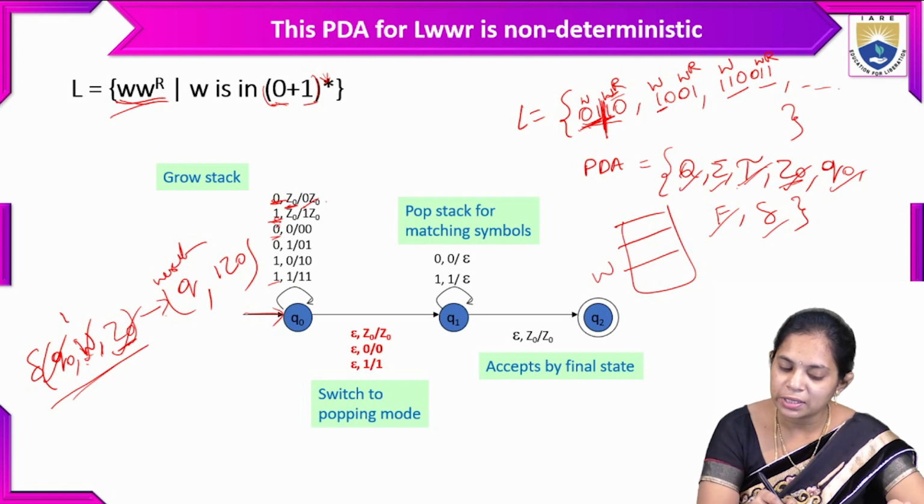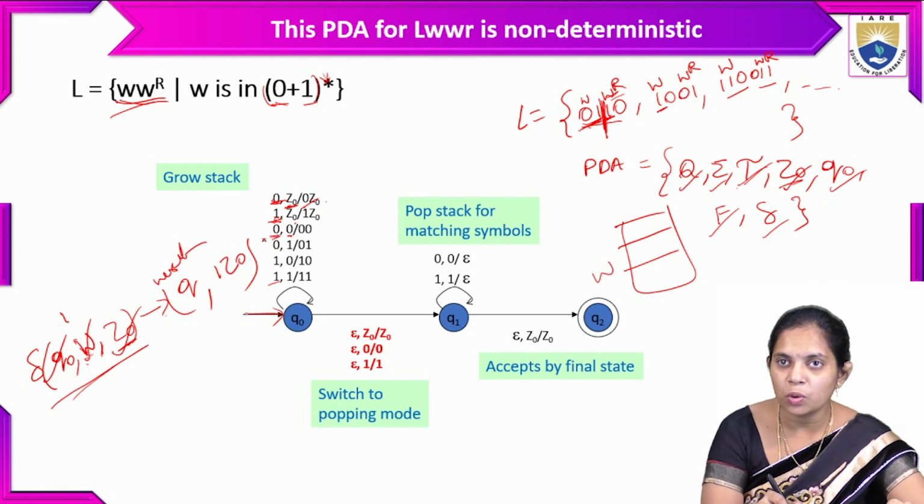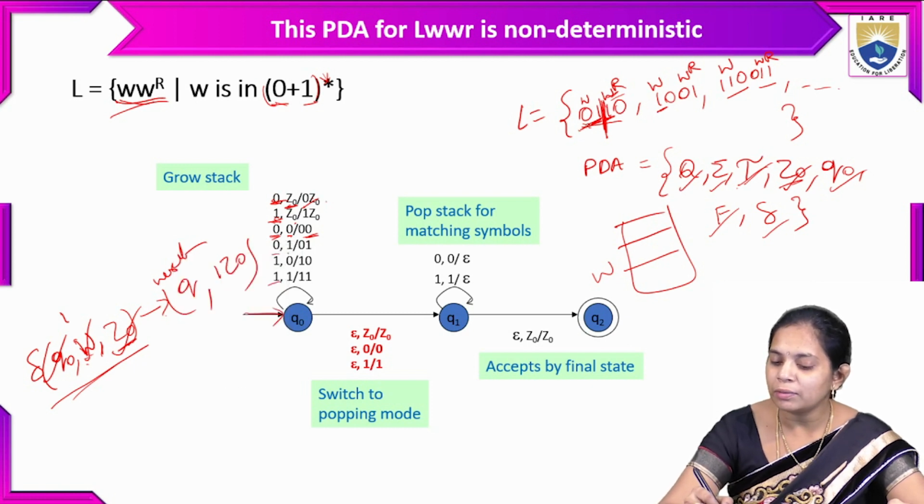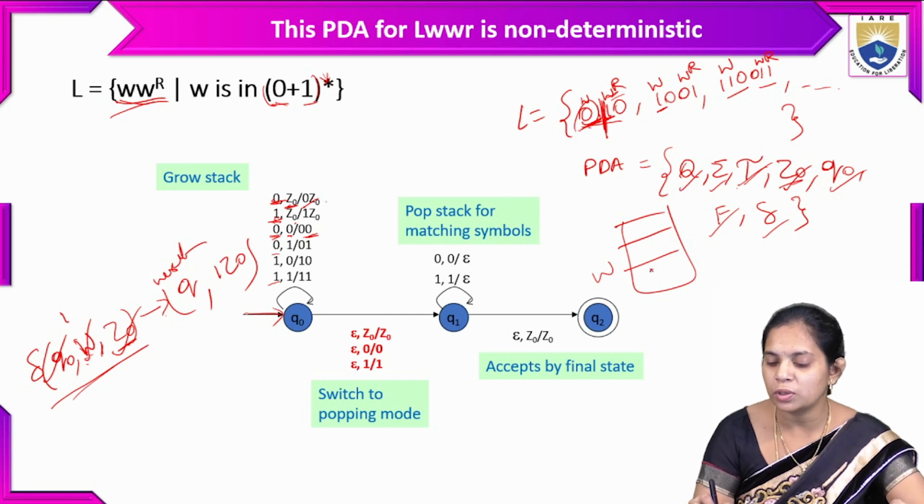Whenever the string starts with either 0 or 1 and the top of the stack symbol is Z0, we have to push those symbols into the stack. That happened here. And here 0 and 0: the top of the stack symbol is 0 and the next input symbol is 0, so we push that into the stack. Whatever is there in the W, we simply push into the stack.